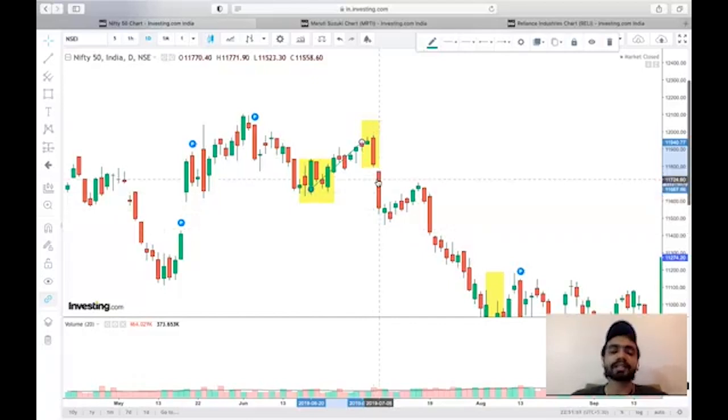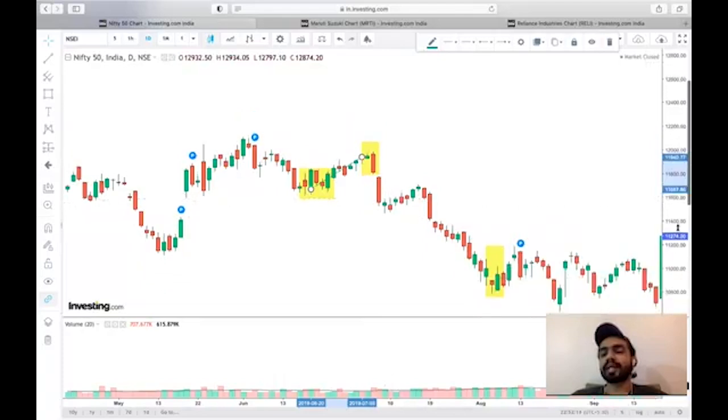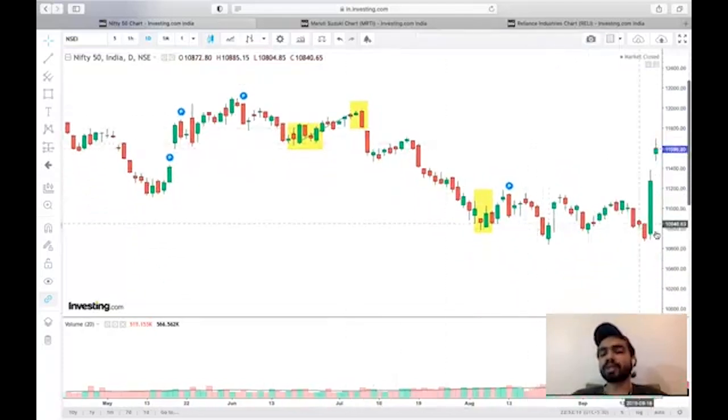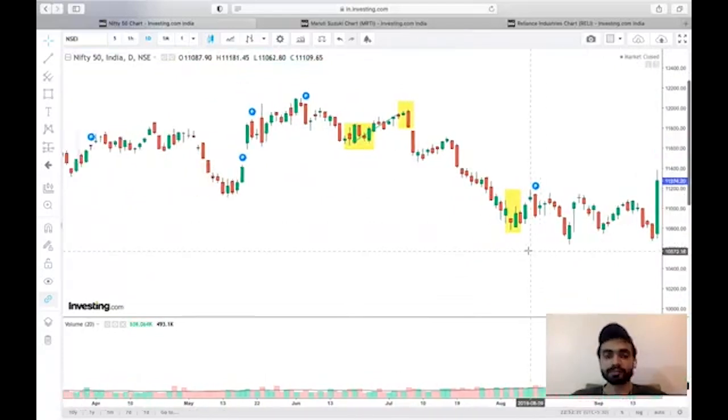The third criteria says that the volume on the day of the confirmation as well as on the day of the pattern, the prior day to the confirmation day, should be high. In both cases, you can check the volumes. The volumes were high on both days, breaching the average. So I can take a short position from here. And what has happened? There is a huge downfall in the market, booking huge profits for the traders.